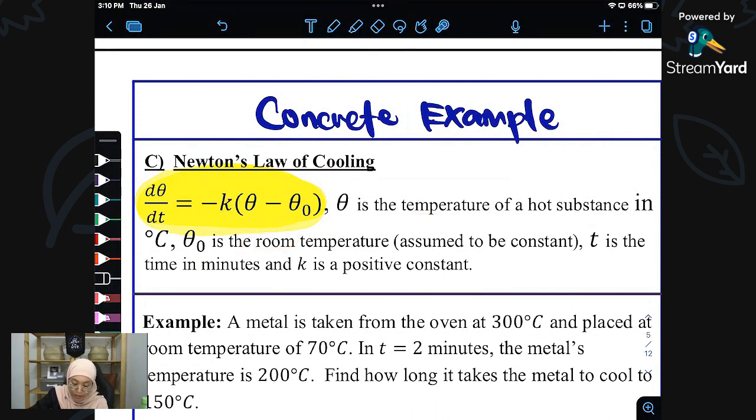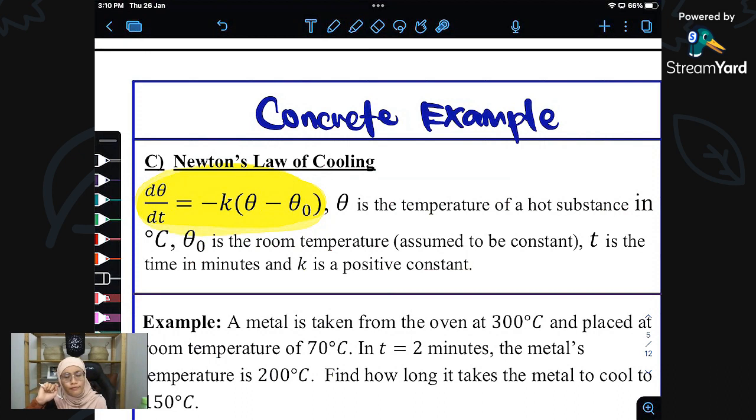Please bear in mind that k is actually a positive constant, but why is it a negative sign? Because these hot substances will cool as time goes by. As time goes by, the temperature of the hot metal will get colder and colder. You understand me?